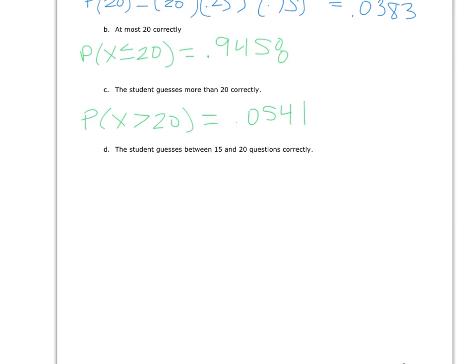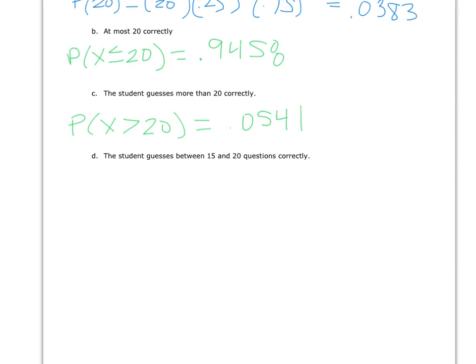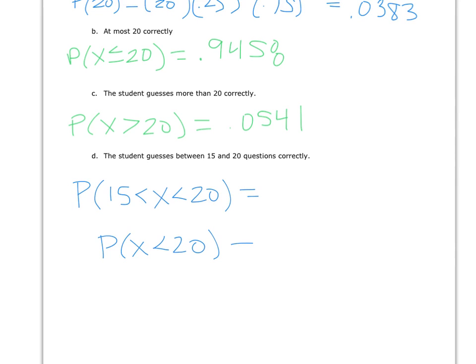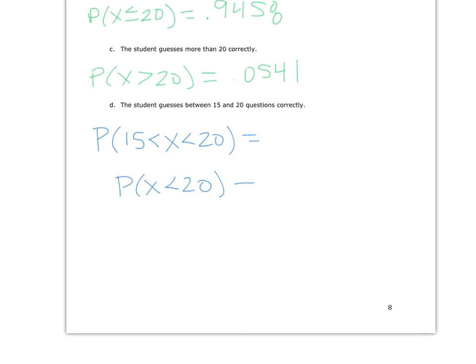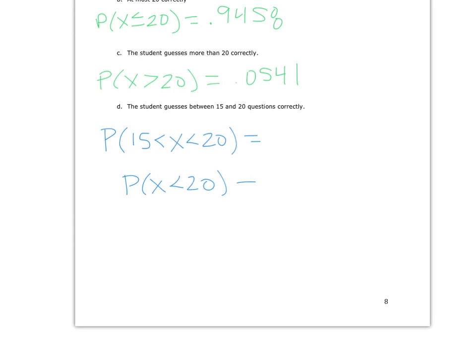And now let's do this one of probability between. So we want the probability that x is between 15 and 20. So greater than 15, but less than 20. Okay, so we start off with the probability that x is less than 20. And then we have to subtract off the probabilities that we don't want. So we don't want the probabilities where x is less than or equal to 15. So we'll subtract that probability.